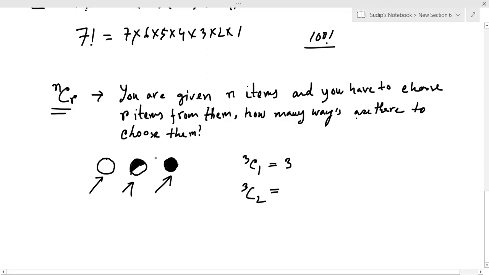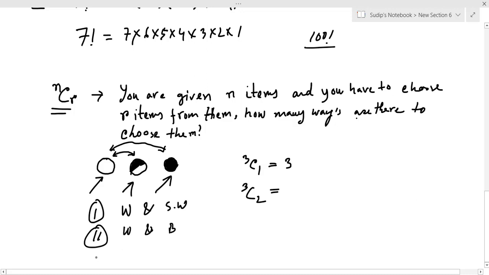How many ways are there? One option is white and semi-white. Second option is white and black, and third option is semi-white and black. So you have 3 options.